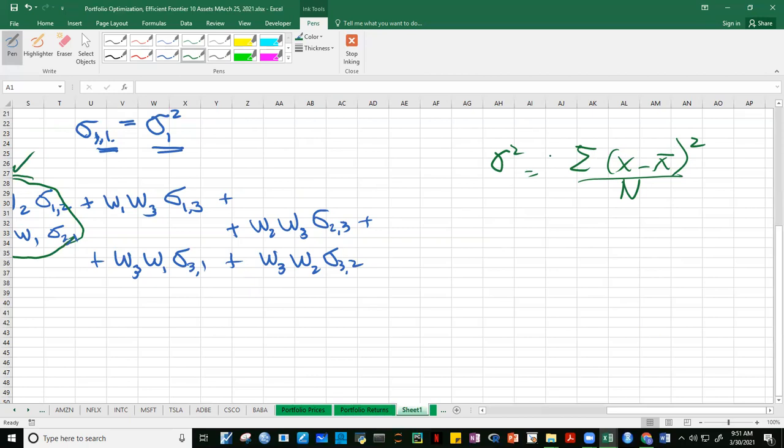Ito kasi, you can write this as the variance of x with itself. Pareho lang yan, no? It's the variance of x with itself. Kasi, if it's the covariance of x with y, then it will be equal to the sum of x minus x bar times y minus y bar, over n. Yun ang covariance, no? Covariance, you're getting the cross product of two variables, x and y dito.